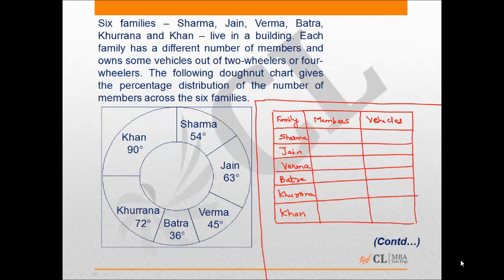Now the first data gives you the number of members in each of the families. That is given in terms of the entire data having been divided into some degrees.